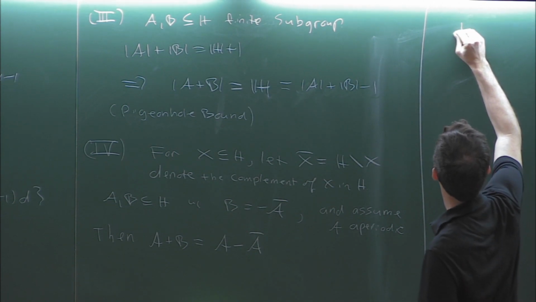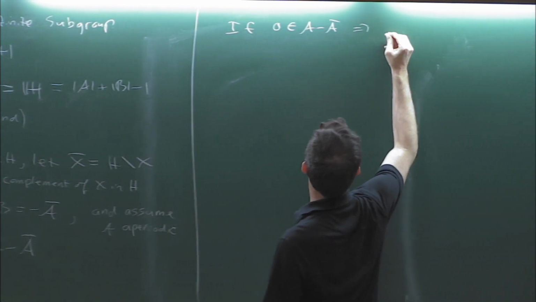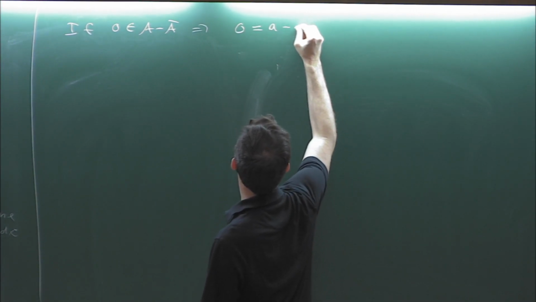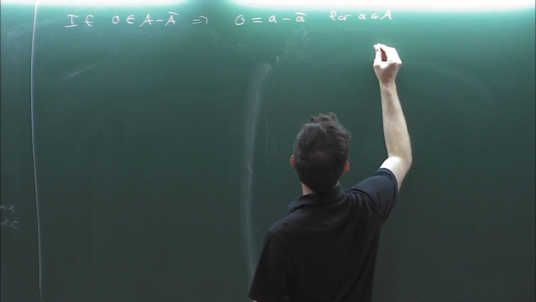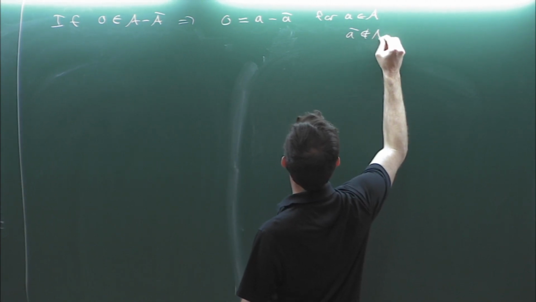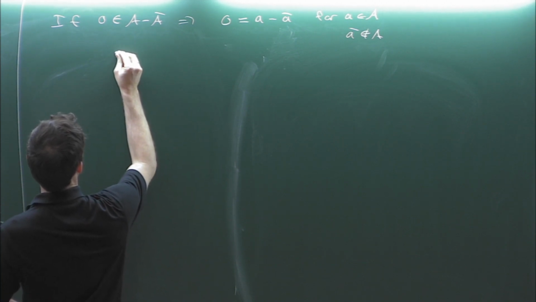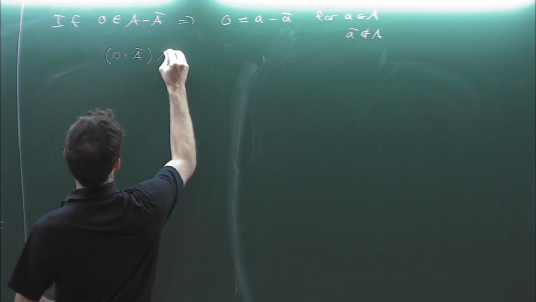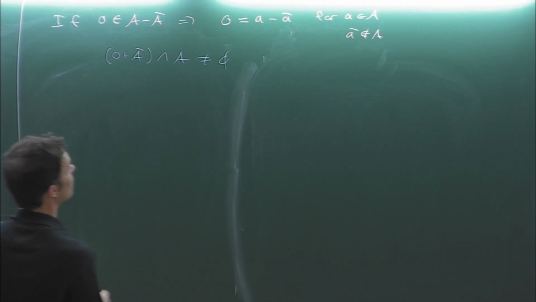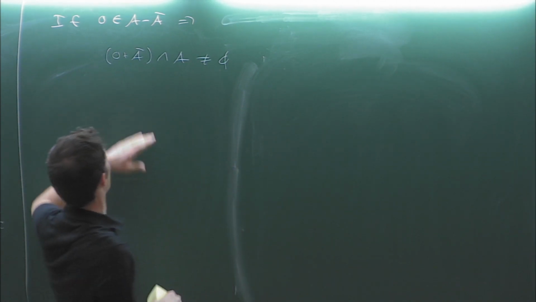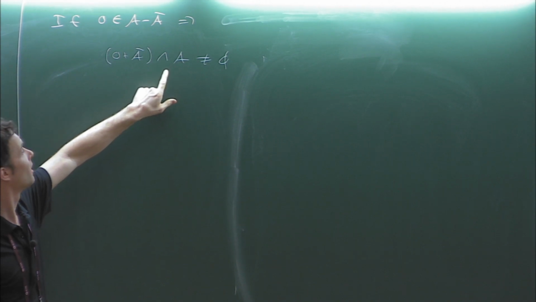So if 0 is in A minus A complement, that means 0 equals a minus a bar, for a in A and a bar not inside A. In fact, what does this really mean? This means that (0 + A complement) intersect A is non-empty. Remember, these are all the elements of A that can be used as a summand in an element that represents 0.